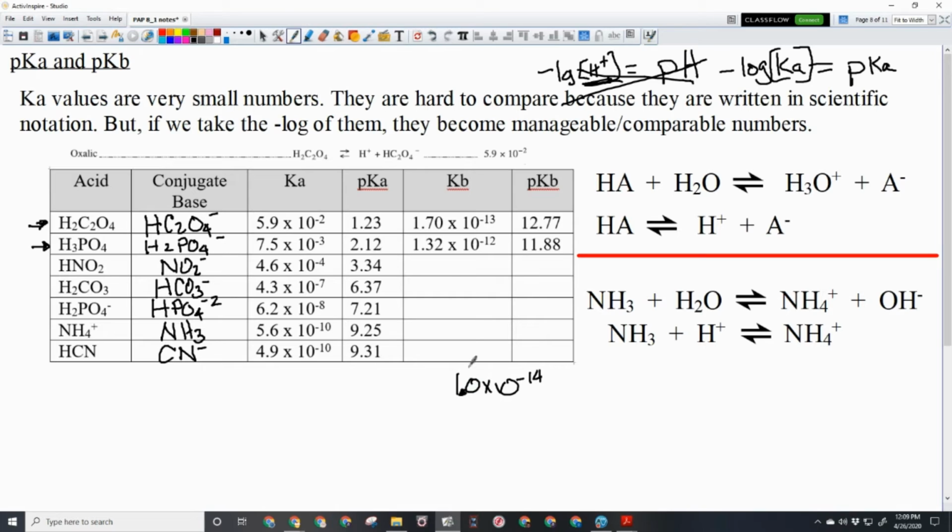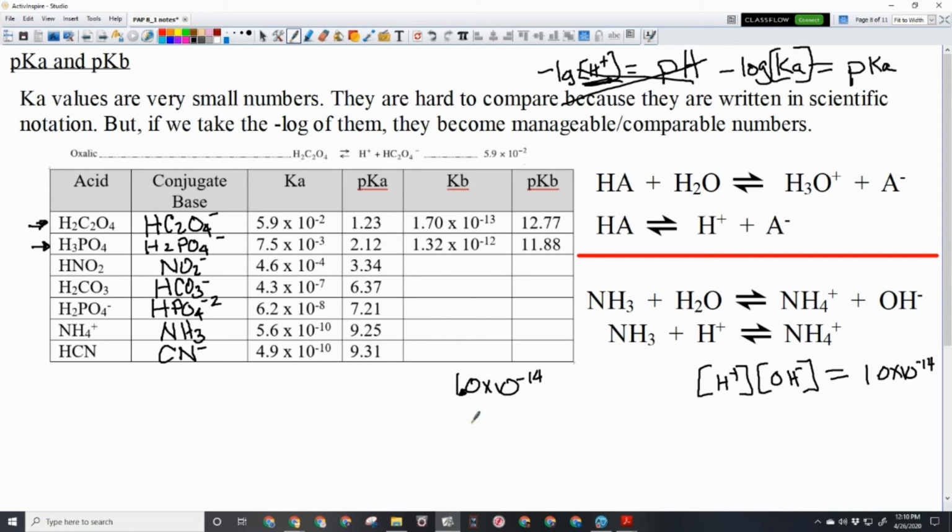If you don't believe me, just multiply these together and you're going to get some number around 1.0 times 10 to the negative 14th. So we're going to use this concept of the hydrogen or the acid concentration times the base concentration is equal to 1.0 times 10 to the negative 14.